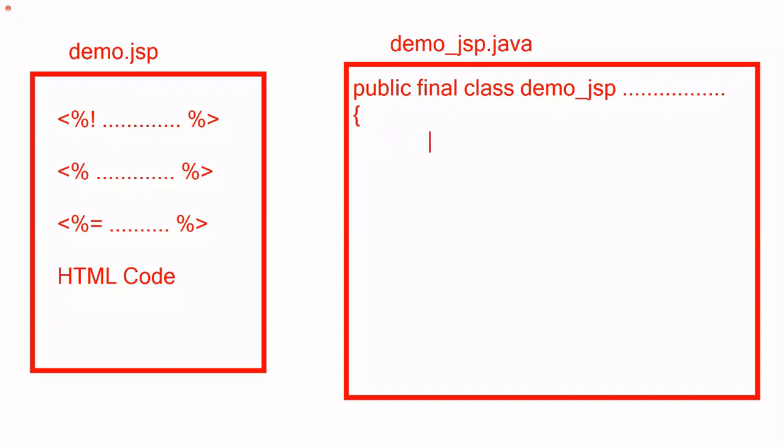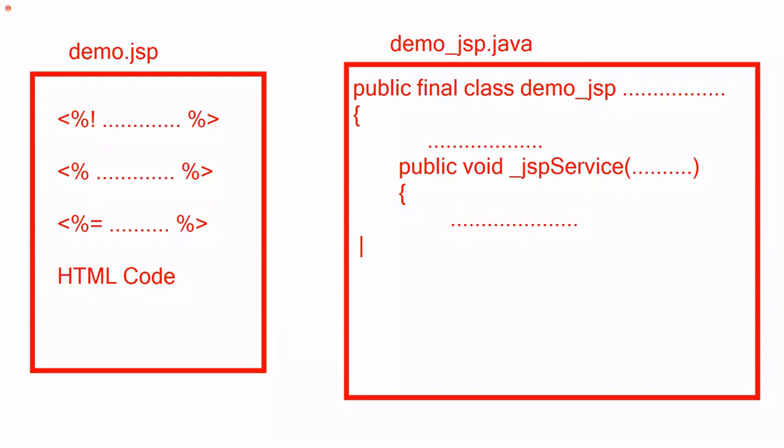Here, public void _jspService with parameters HttpServletRequest and HttpServletResponse. Inside are out.print and out.write.